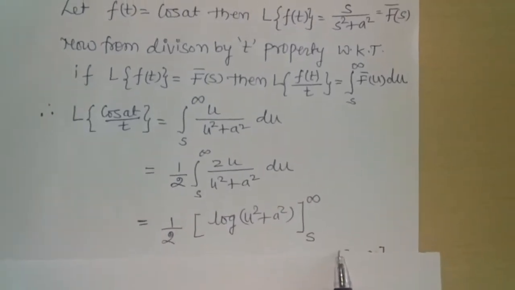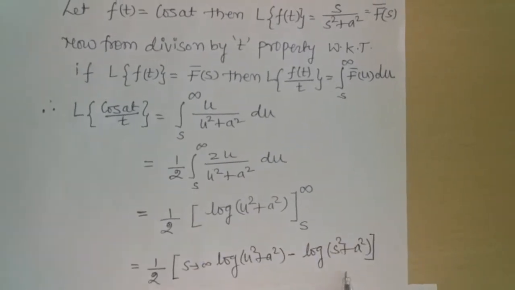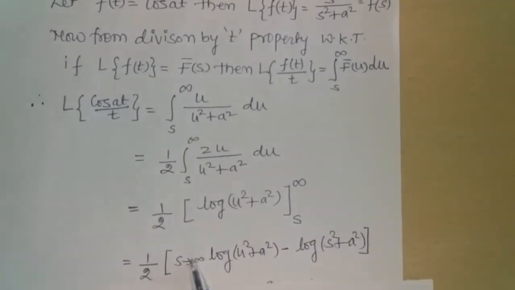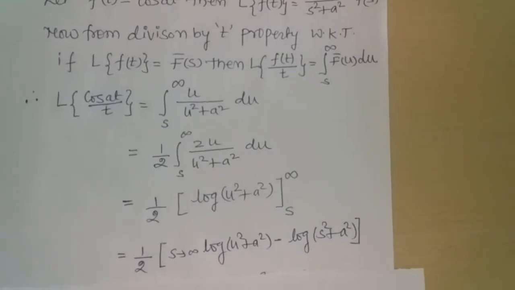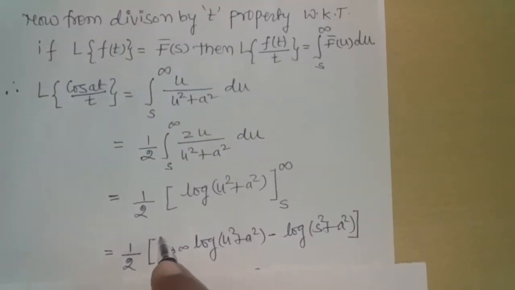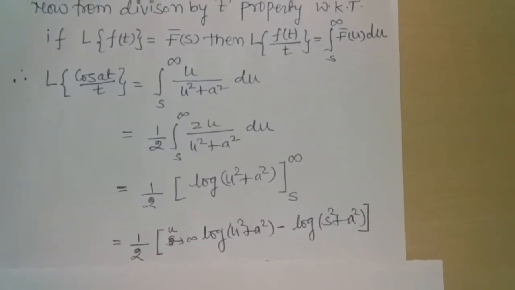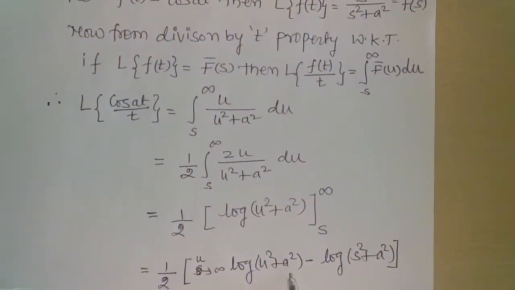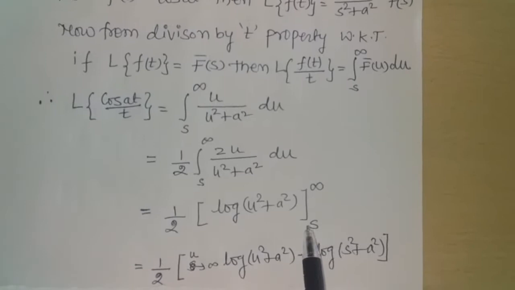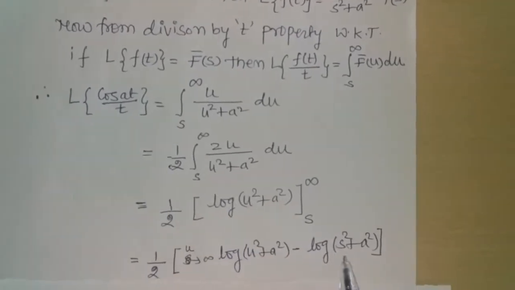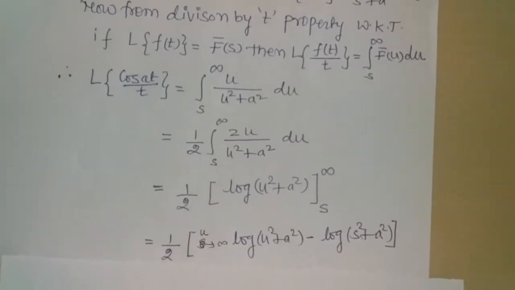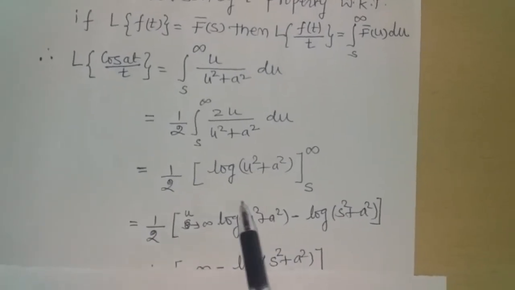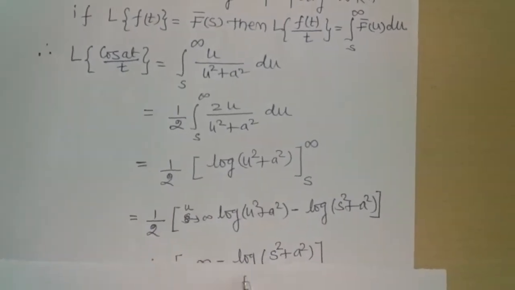Now we put the upper and lower limits. For the upper limit, u tends to infinity, log of u square plus a square, minus the lower limit, which gives log of s square plus a square. Now this limit gives infinity.